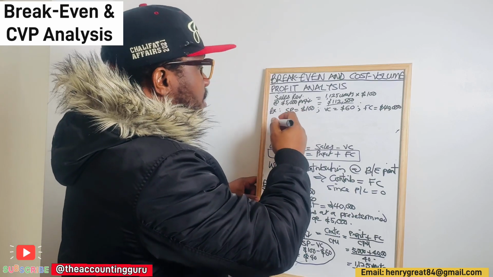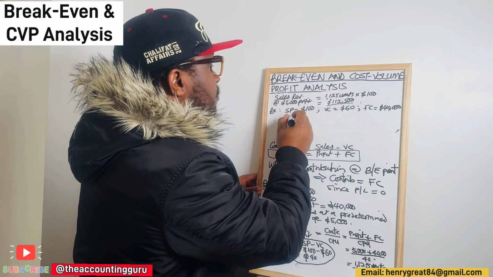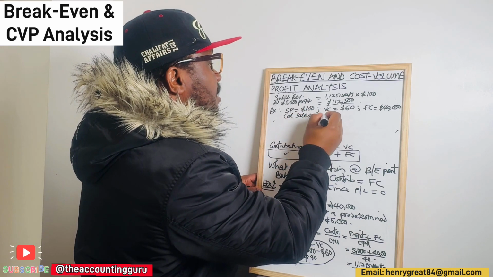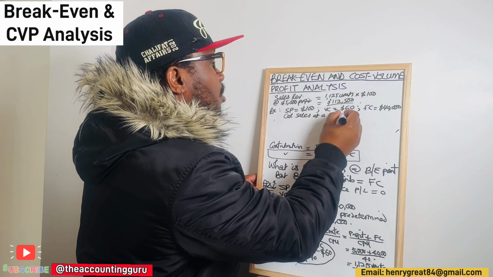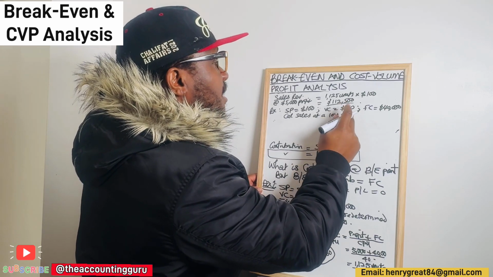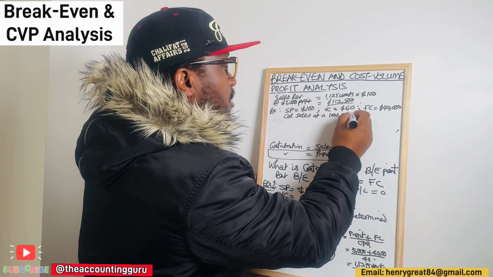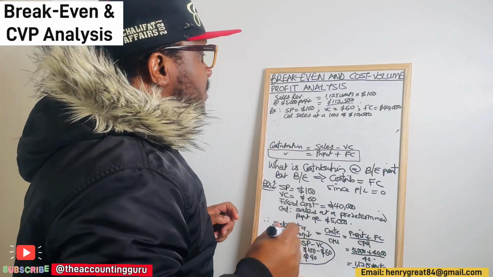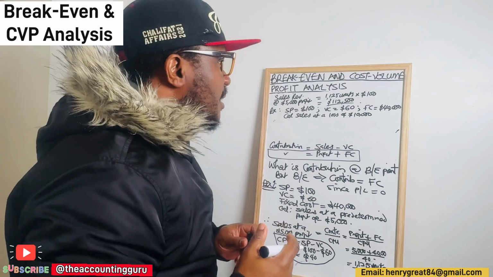We are asked to calculate sales at an anticipated loss of say $10,000. You anticipate there will be a loss of $10,000.